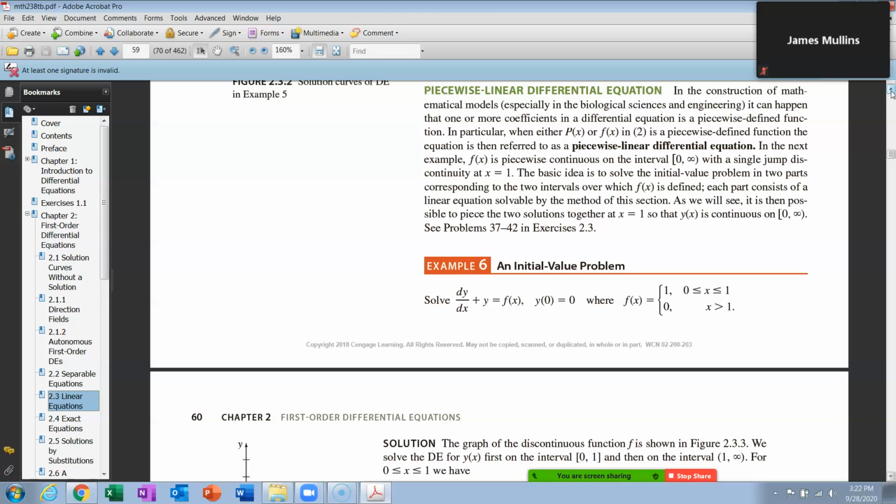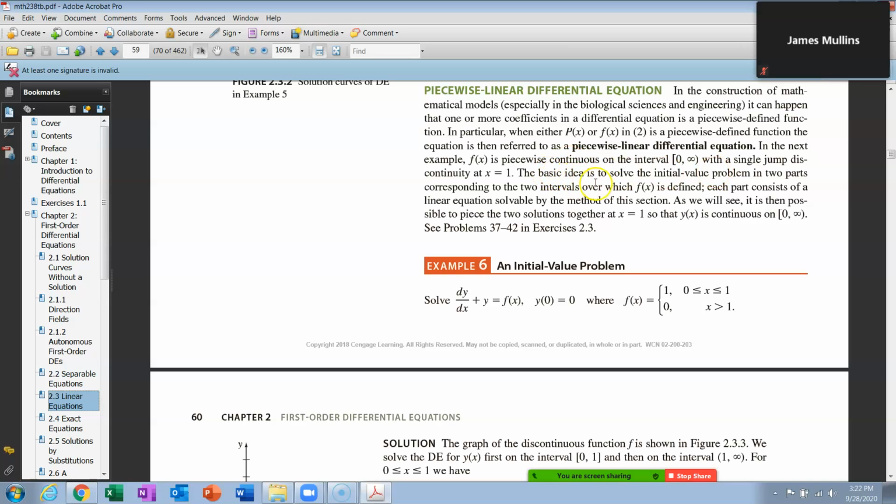You could have a discontinuity of the first derivative of the function, the f of x or the p of x. Now the next example coming up, the f of x is a piecewise continuous function on the interval from 0 to positive infinity with a single jump discontinuity. So this is not continuous, a jump discontinuity at x equal 1. So from 0 to 1 it's one thing, from 1 to infinity it's something else.